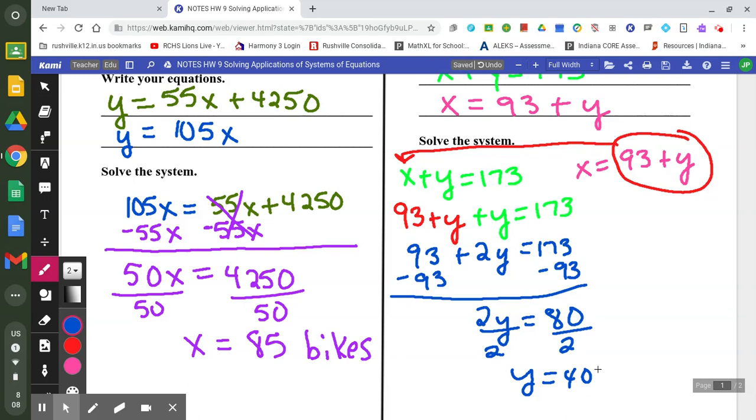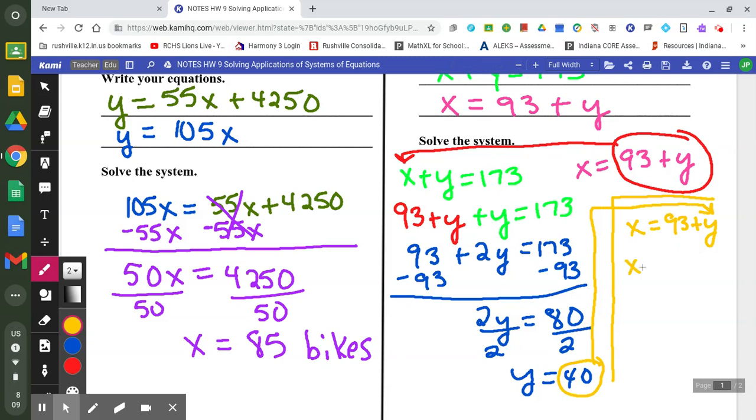And now we need to find x. So I'm going to come over here to the side, and I'm going to use the equation x equals 93 plus y. And I'm going to put this 40 in for the y. So now I have x equals 93 plus that 40.